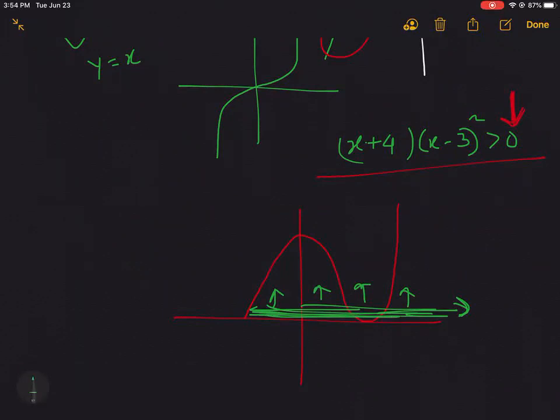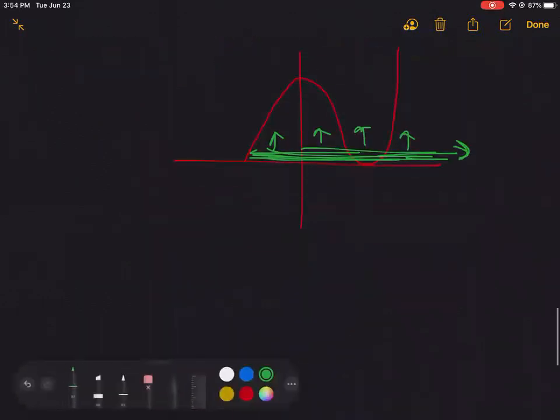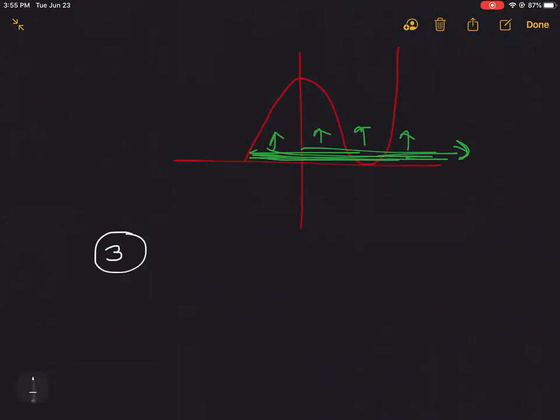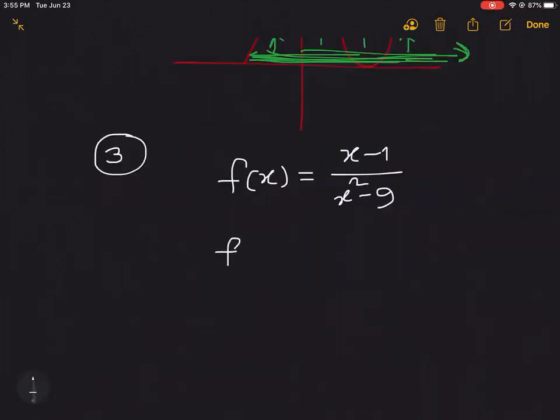Okay, so next we'll take example 3 and see how we can solve a rational inequality. So let's say my f of x is x minus 1 over x squared minus 9, and we want to solve the inequality for this.